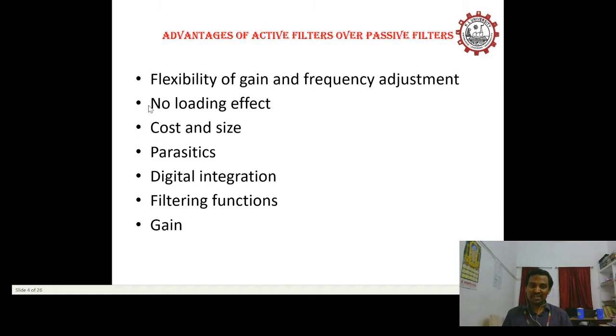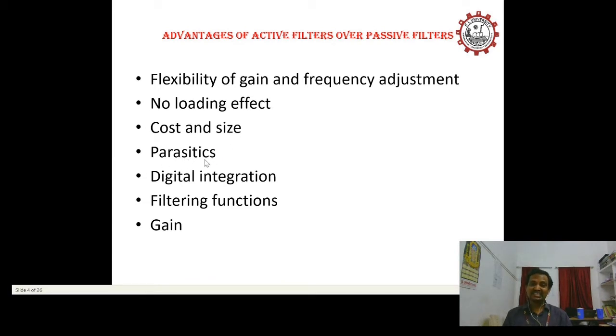Since we are using the operational amplifier IC, it has a low cost, and the size of the op-amp is very small compared to passive elements. In passive elements you use inductors, which are larger in size compared to the operational amplifier. So the cost and size are also effective. Next, the parasitics.